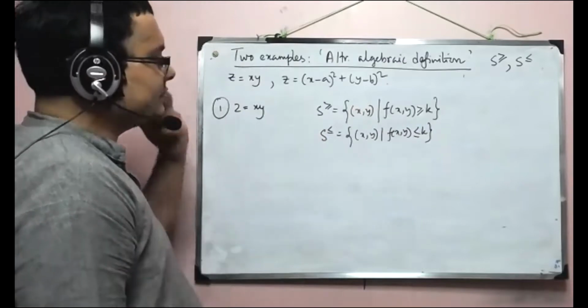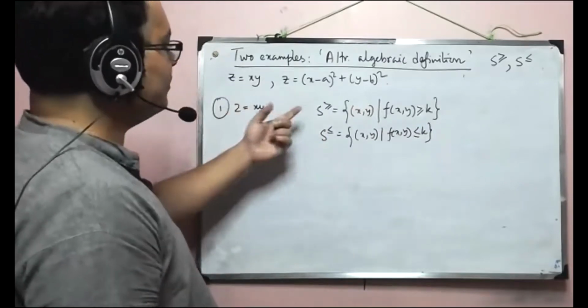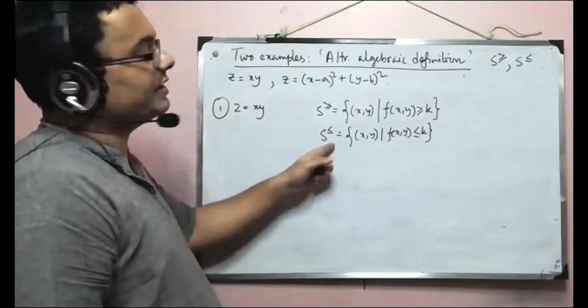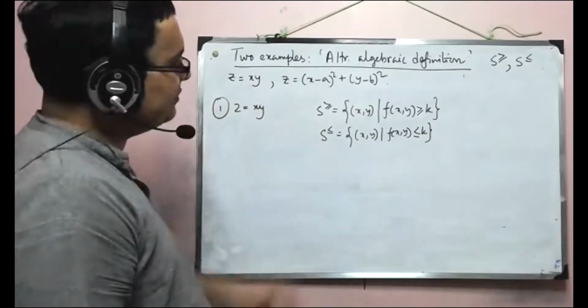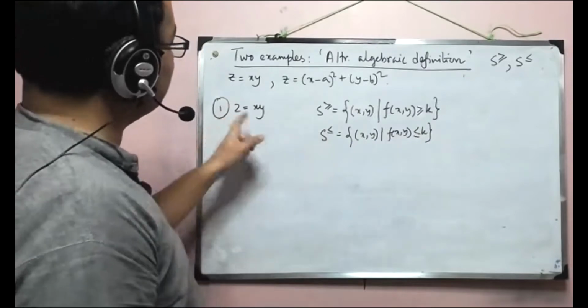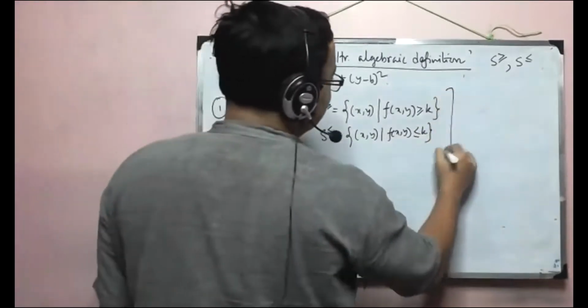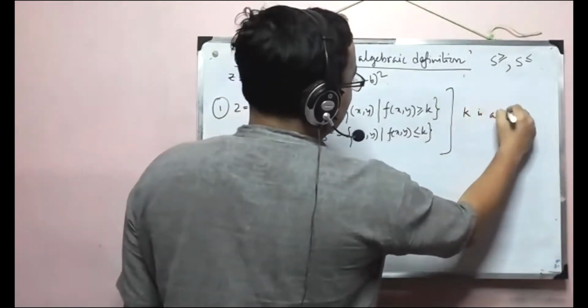So for example, if this becomes a convex set, then we say that it is quasi-concave, and if this becomes a convex set, then we say that it is quasi-convex. Now k is a constant.